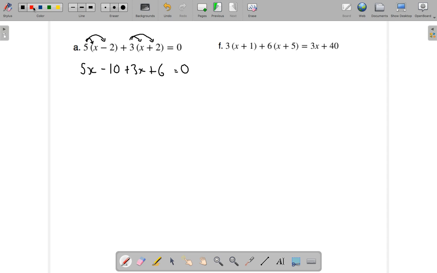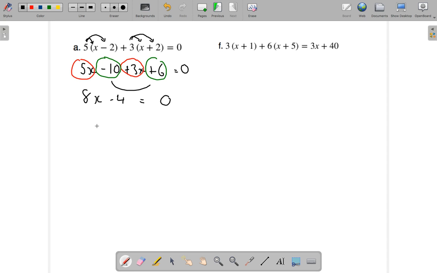If I put a red circle around the x's, and then a green circle around the numbers, we've got to treat them separately. Let's start with the x's. We've got 5x plus 3x, which gives us 8x. Then we've got -10 plus 6, which is -4, equals 0.